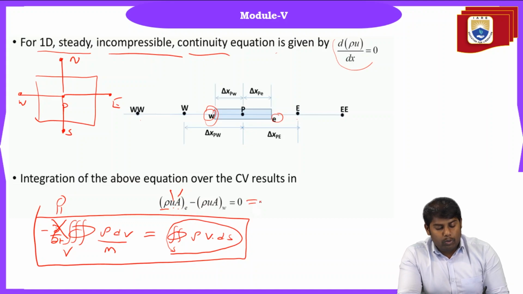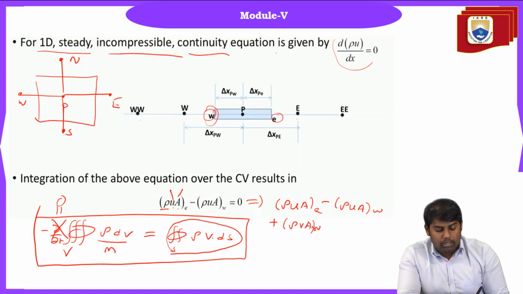So how do we do this for 2D? That will be rho u A of surface E minus rho u A of surface W, plus rho and the other-direction velocity, which is the v velocity, A of north n, minus rho v A of s, is equal to 0.